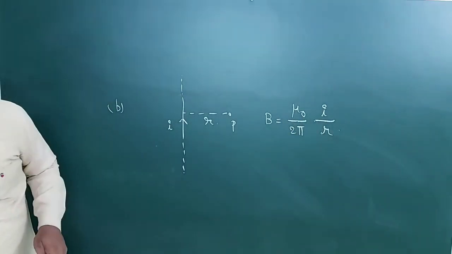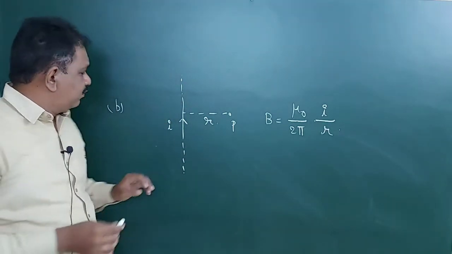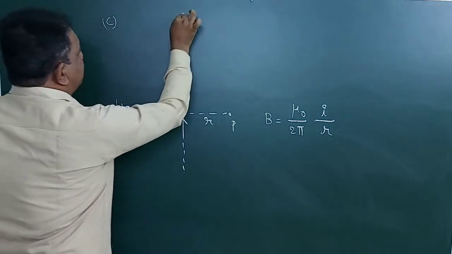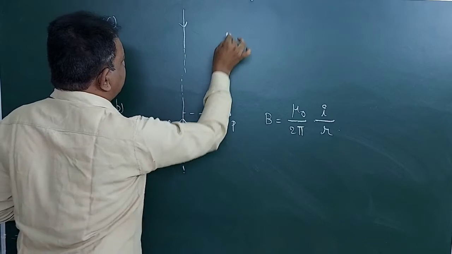Next, though it is an infinite wire, it will start at some point. Though it is infinite, somewhere it is starting. So this is the starting of the wire. Current is going like this.